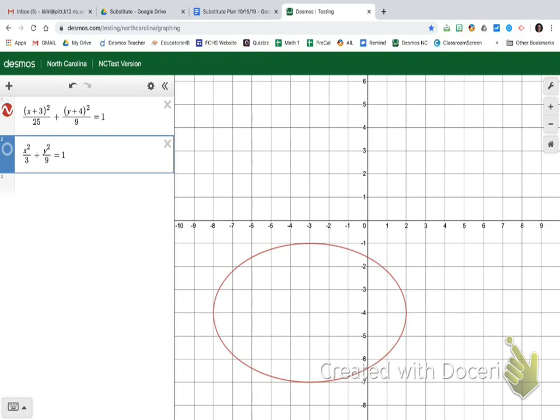I should be able to see that my center is in the middle at -3, -4. And as we go to highlights and pieces, my a distance is my major axis, or my semi-major. So this distance here is A. I also have the distance for B, which is going to be my semi-minor. That's going to be 3.